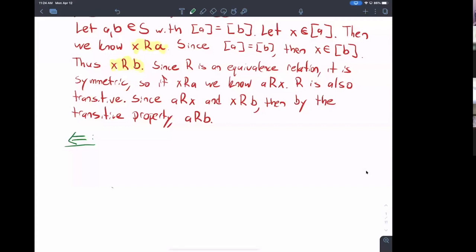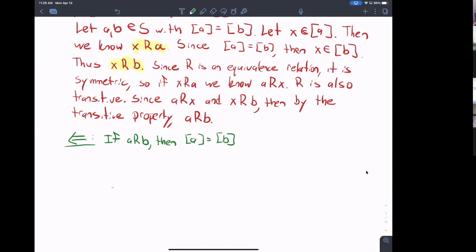Okay, so for this direction, now we want to show that if A is related to B, then their equivalence classes are equal to each other. And just a note here is that equivalence classes are sets.